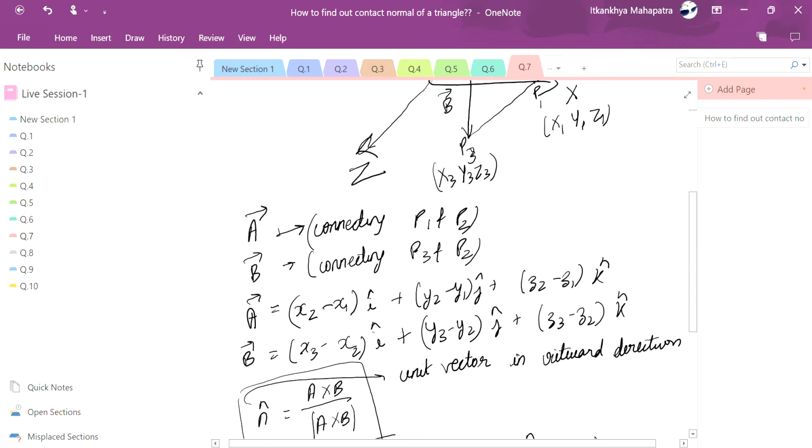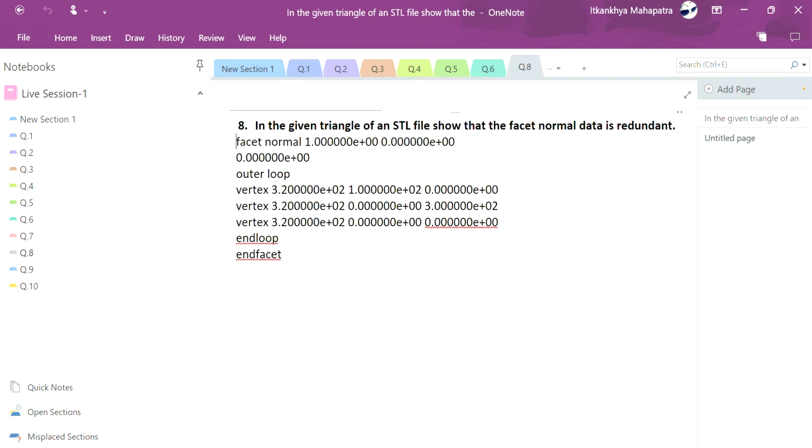Okay, so moving on to the next question. As we know, the STL file has two formats, the ASCII format and the binary format. So this question is based on the ASCII format.